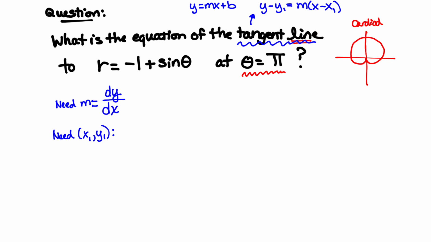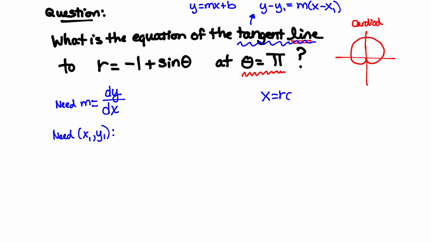Now, I don't have x's and y's, do I? But I do know something about a conversion relationship that gets me x's and y's from r's and thetas, right? What was that? X equals what? X equals r cosine theta.